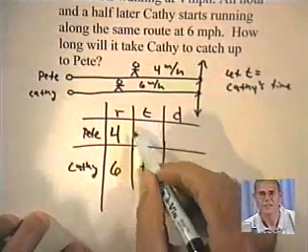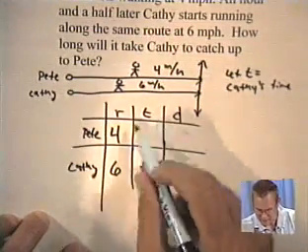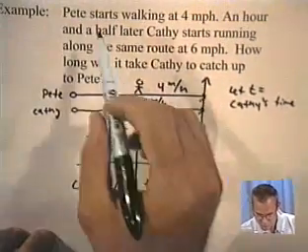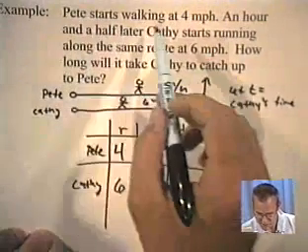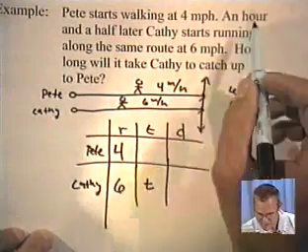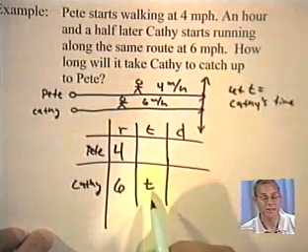Now notice, this is the most difficult component to figure out here. Let's see if we can figure out what Pete's time is. He's actually walking for an hour and a half longer than it takes Kathy.